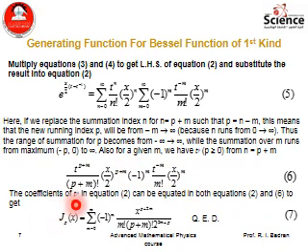The coefficient of t to the power p in equation 2 can be equated on both sides, to both equations 2 and 6, to get J p equal to this. And that's what we wanted to prove.